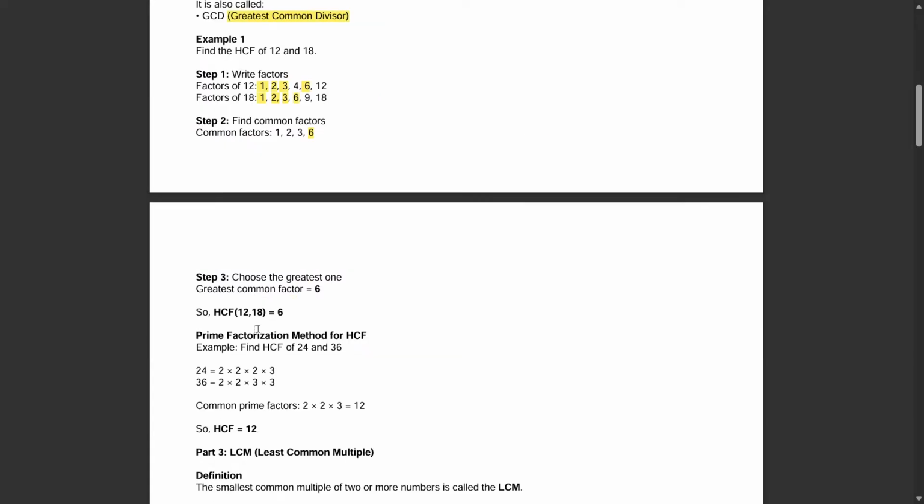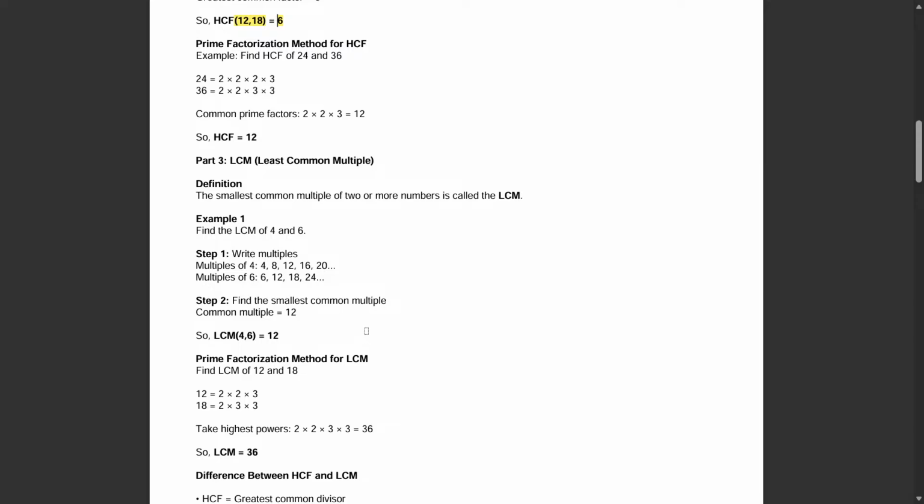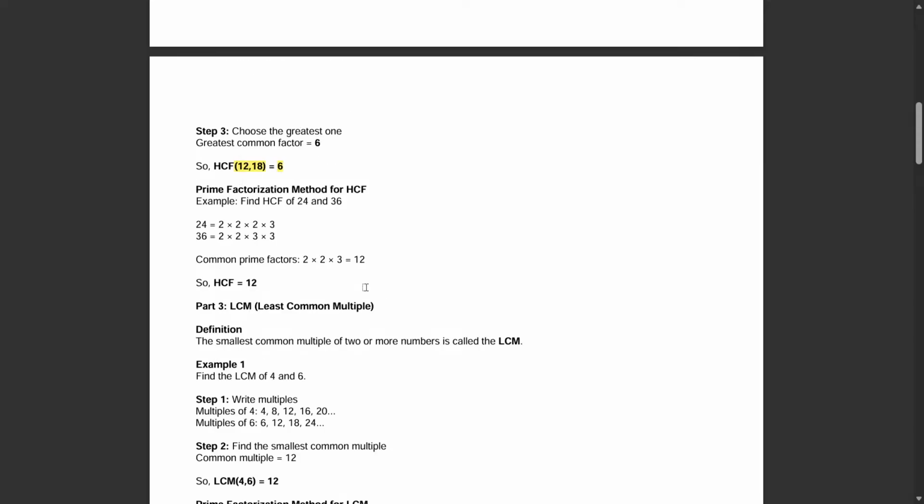So HCF of 12 and 18 is 6. So students, we learned about HCF. HCF is also called GCD, which is the greatest common divisor.